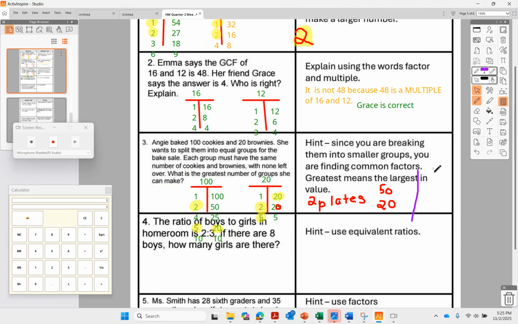So if she grouped the food into 20 plates, right, she would divide up all of the cookies, and each plate would have 5 cookies. And each plate would have 1 brownie.